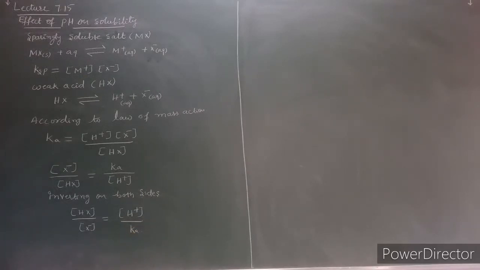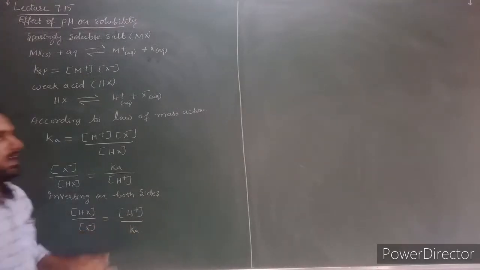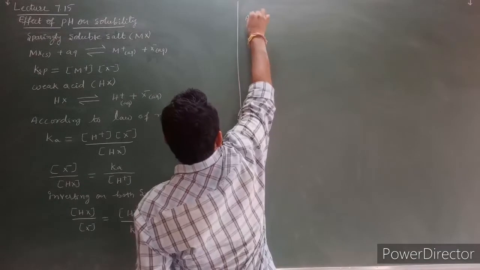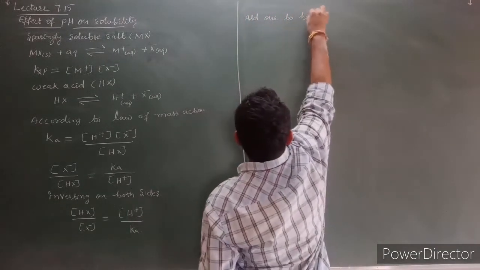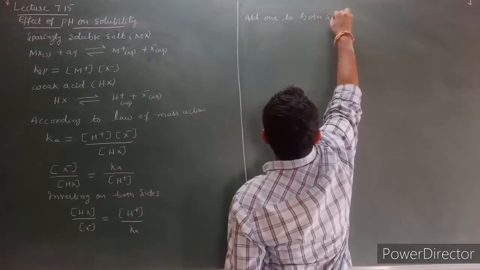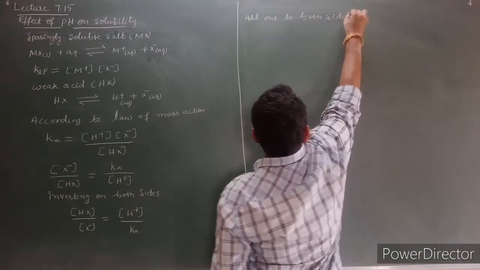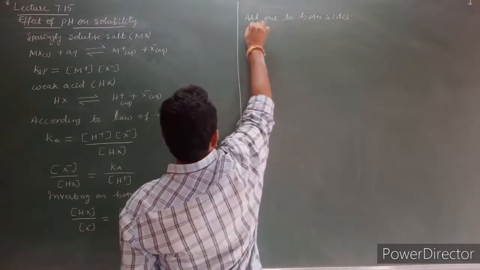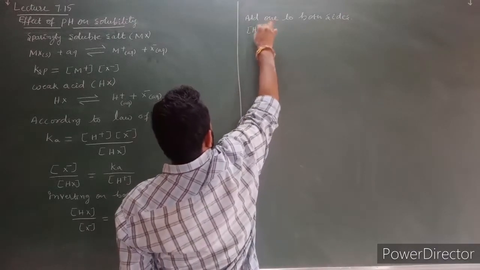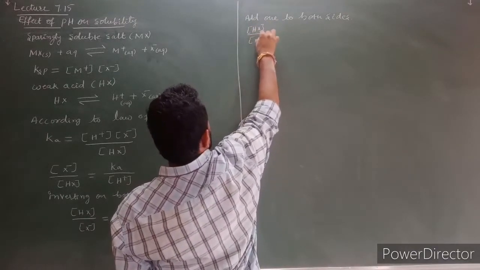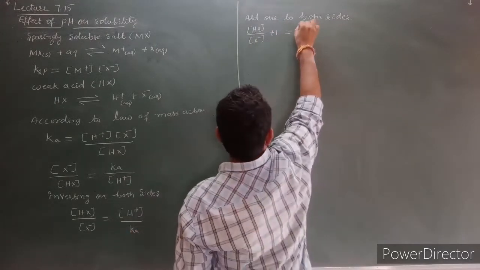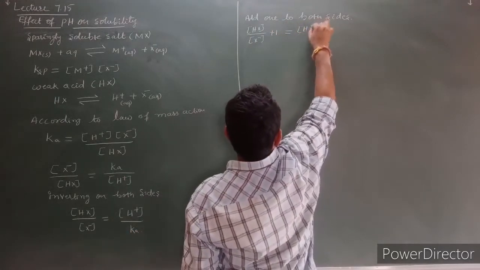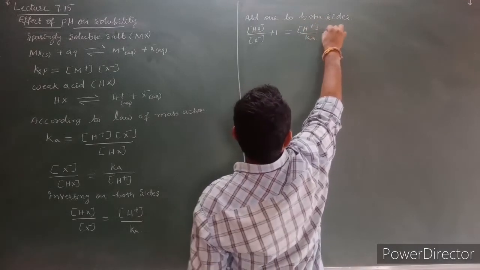Next, add 1 to both sides. Here the molar concentration of HX divided by the molar concentration of X- plus 1 is equal to the molar concentration of H+ divided by Ka plus 1.